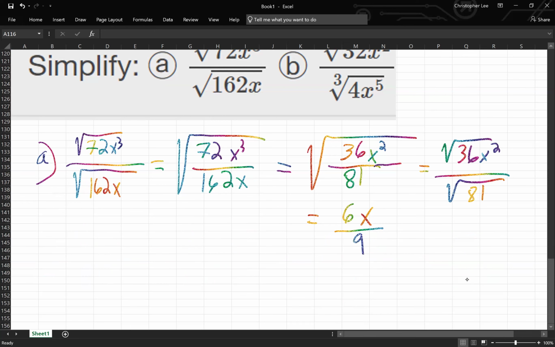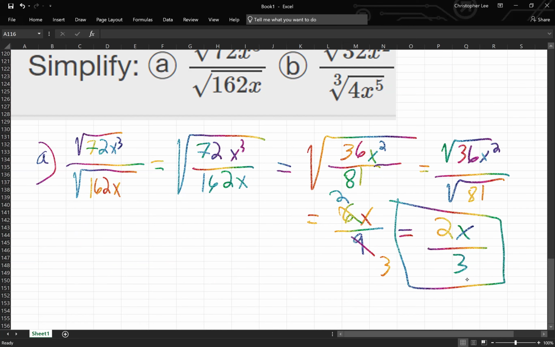Now we can reduce this a little bit. 3 goes into 9 3 times, 3 goes into 6 2 times. So call this 2x over 3 finally. Questions on this?